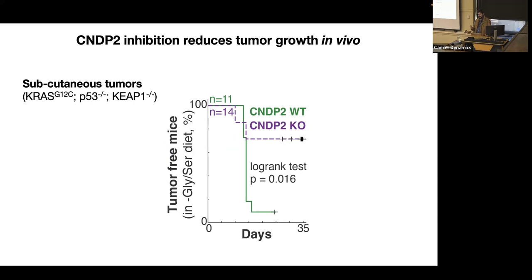You can actually dramatically reduce tumor growth by knocking out this enzyme. And again, I'm sparing you a lot of detail, but what we do is place mice on an amino acid reduced diet. There is a diet that has no glycine and no serine.